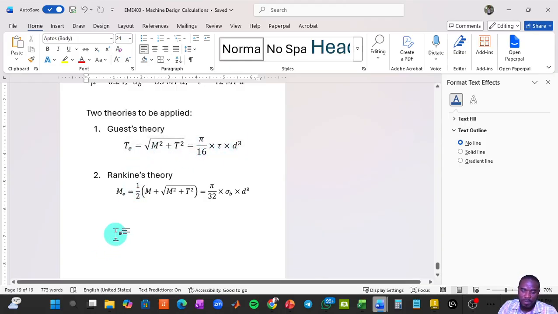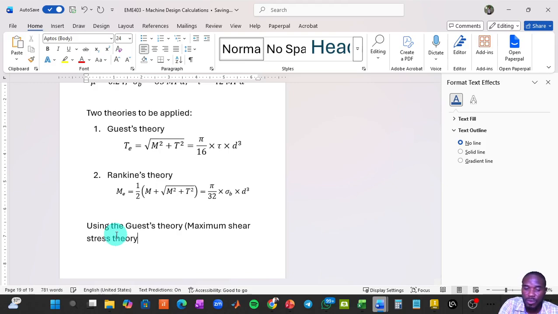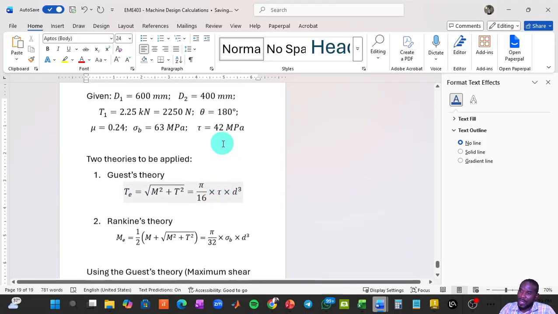Number one, we make a statement using Guest's theory. I remember I said this theory is the same thing as the maximum shear stress theory, right? Let's follow where to find D. Since we have only one equation, we must know all the other parameters. Do we know tau? Yes, tau is given.